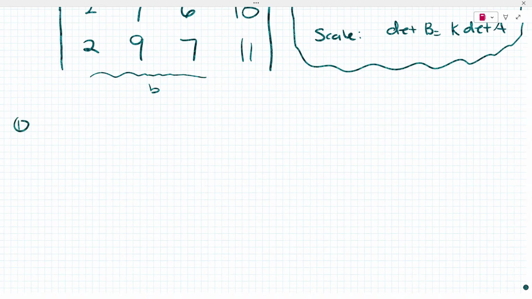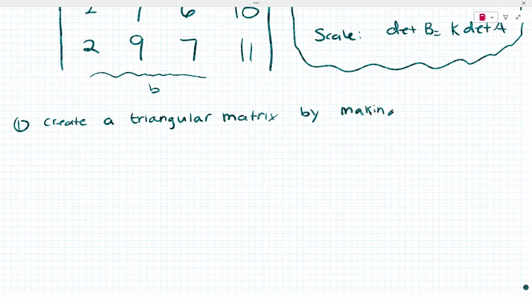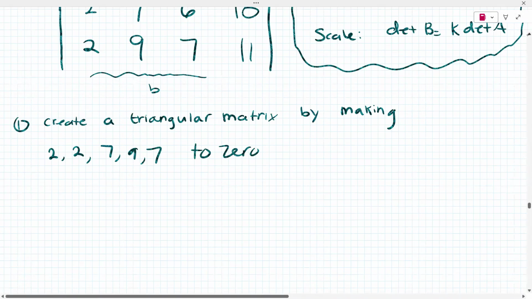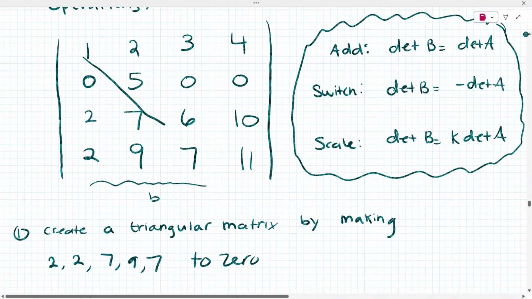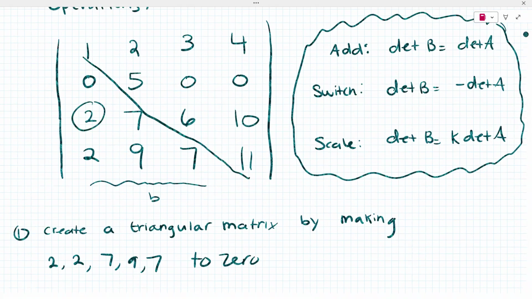So the first step is to create a triangular matrix by making zeros. So I want this to be 0, this to be 0, this to be 0, this 9 to be 0 and this 7 to be 0.